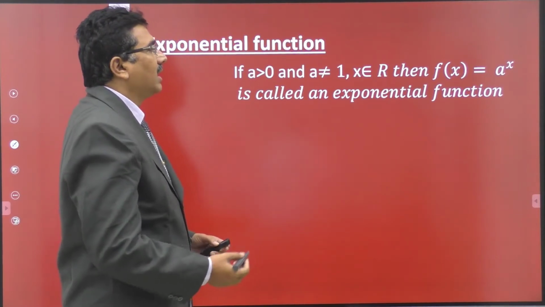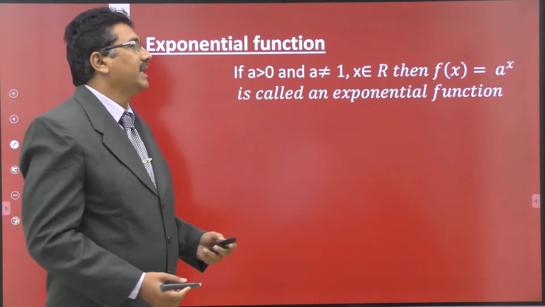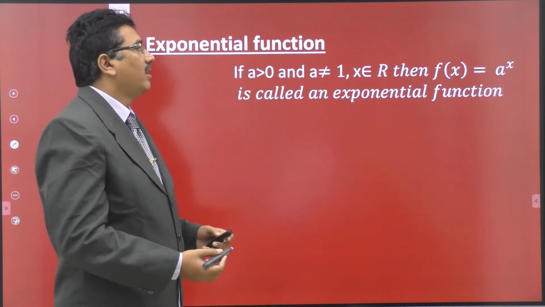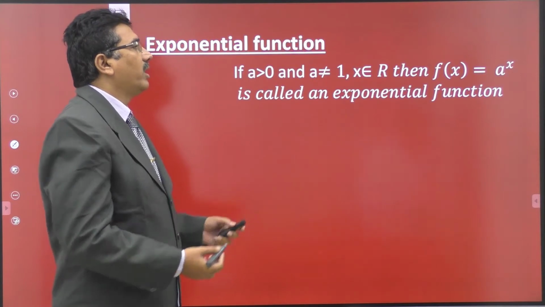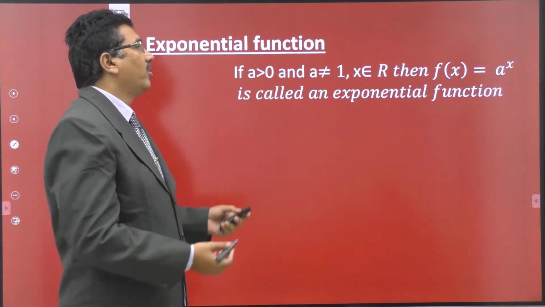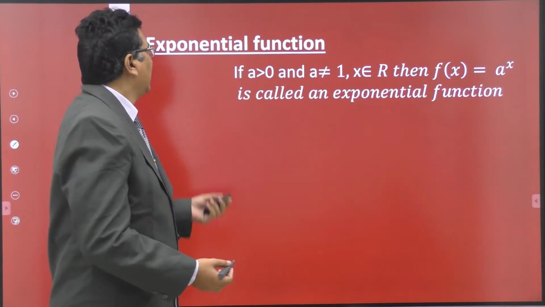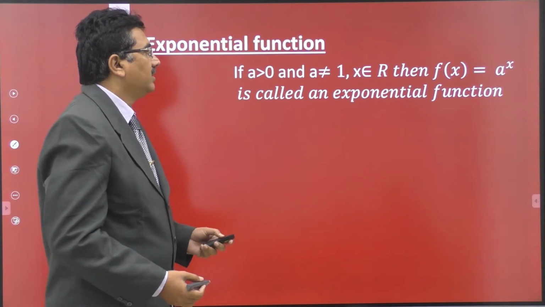Simply, here exponential function means f of x is equal to 2 power x, 3 power x, 5 power x, and (1/2) power x, (1/3) power x, like this. They are called exponential functions. Right.